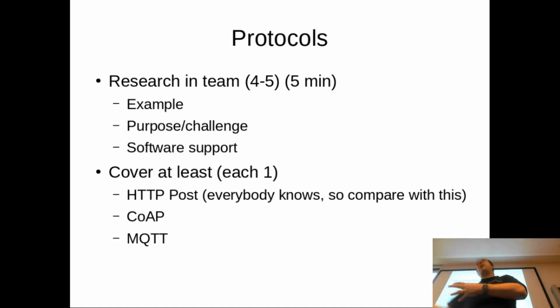Keep that as a comparison in mind, yeah? So what's different to that when you look at CoAP and MQTT? If you find something else, let me know and maybe look at that too, but mainly I want you to look at CoAP and MQTT. We don't have so much time left, so you just have 5 minutes to find an example, find the purpose, and look how well the software support is for it.